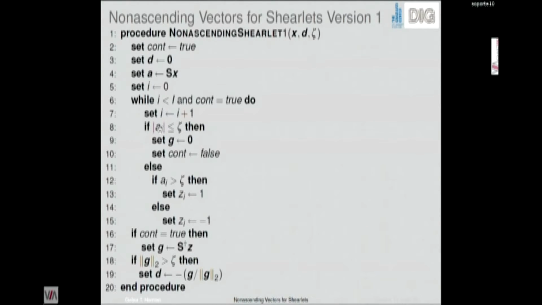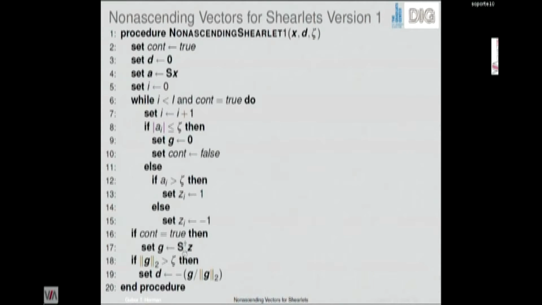I can do that because, if a particular component of the Shearlet transform is less than some small number theta, then I can set G equal to 0. And then that doesn't mess up the theorem. But if it's not less than or equal to theta, then it's either greater than theta or less than minus theta. And accordingly, I set Z sub I to 1 or minus 1.